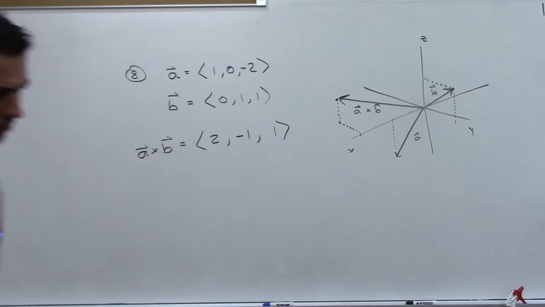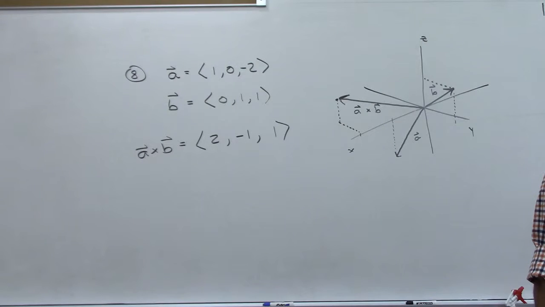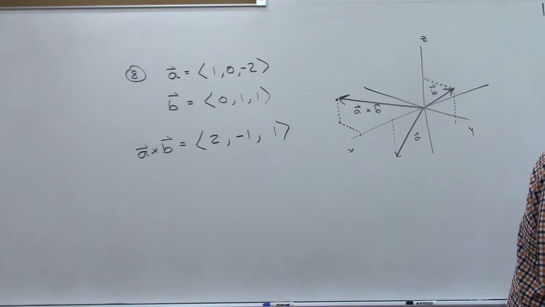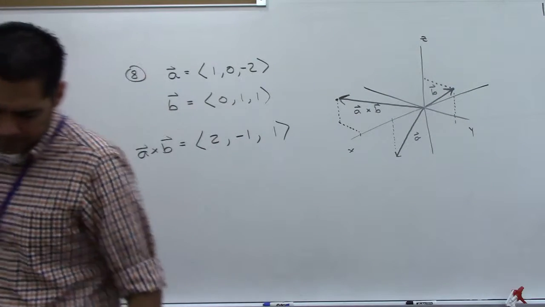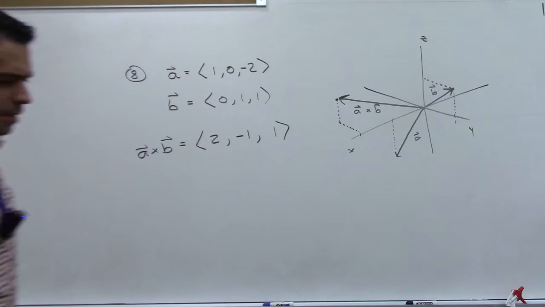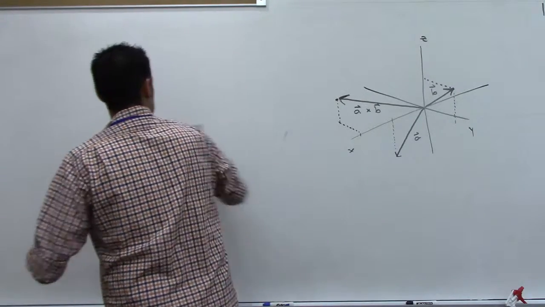Okay. Number 9. Find the vector not with determinants, but by using properties of cross products. Let me show you how to do number 9, and then maybe you can get the rest.